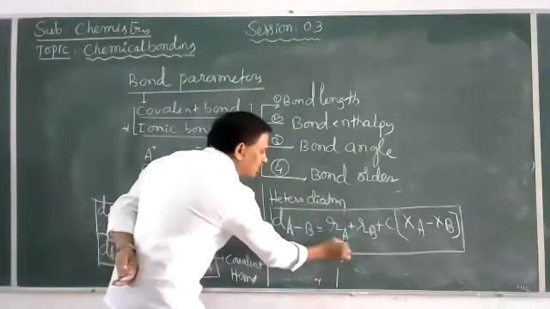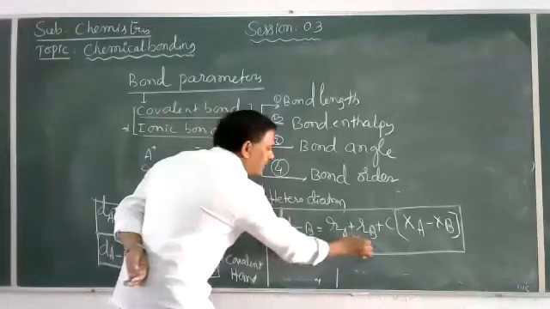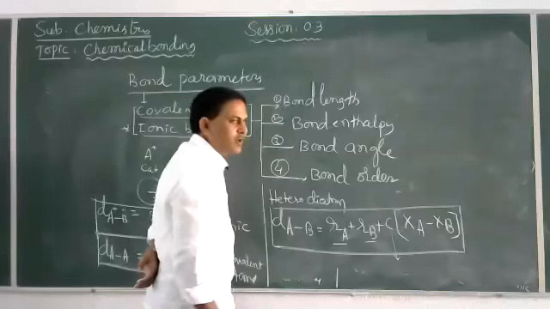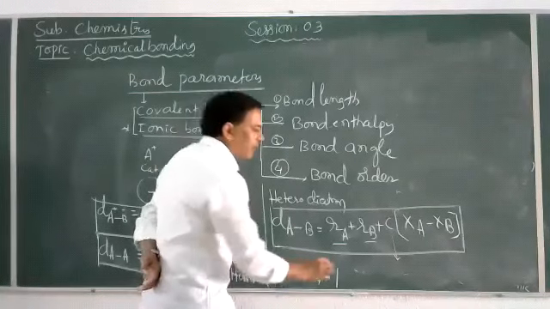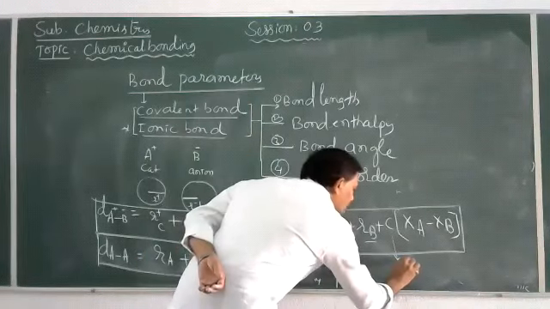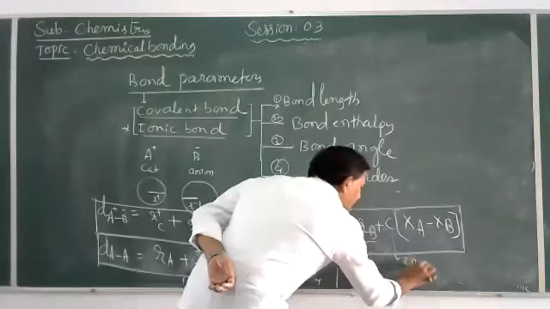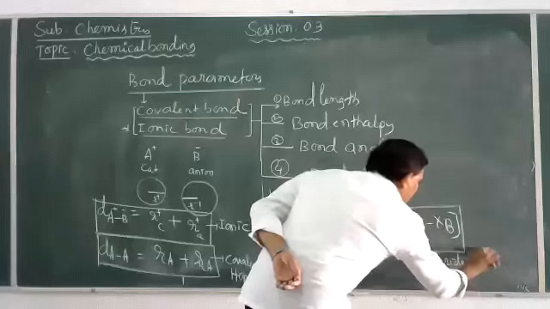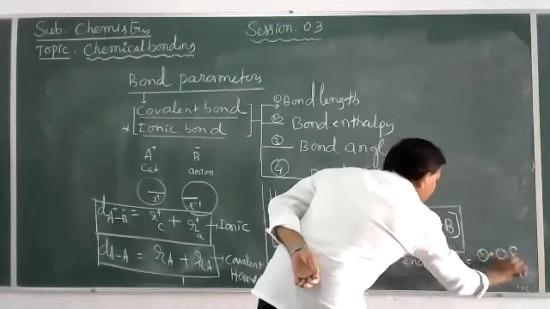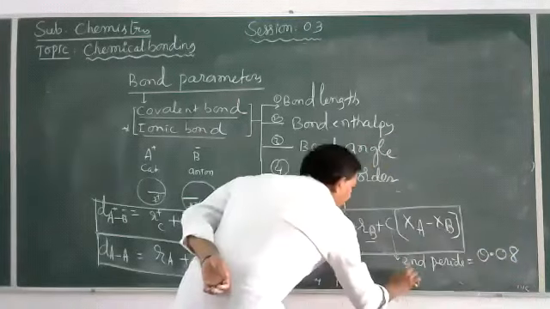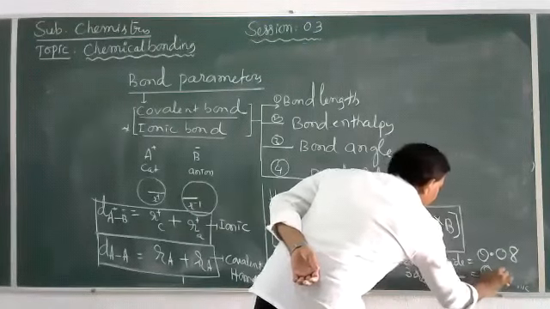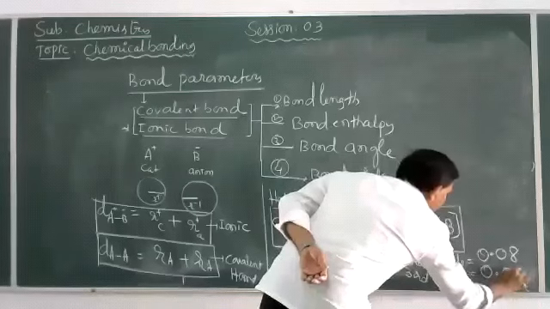Here the radius of one atom A and of another atom B are used. C is a constant, an experimentally determined value: for second period elements the C value is 0.08, and for third period elements it is 0.06.